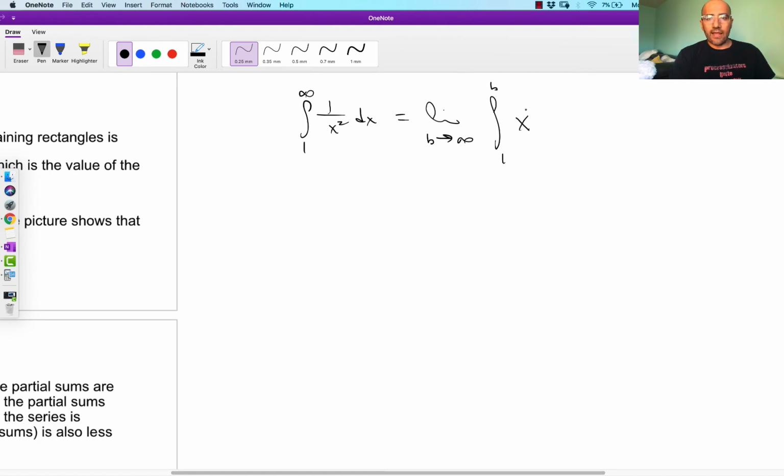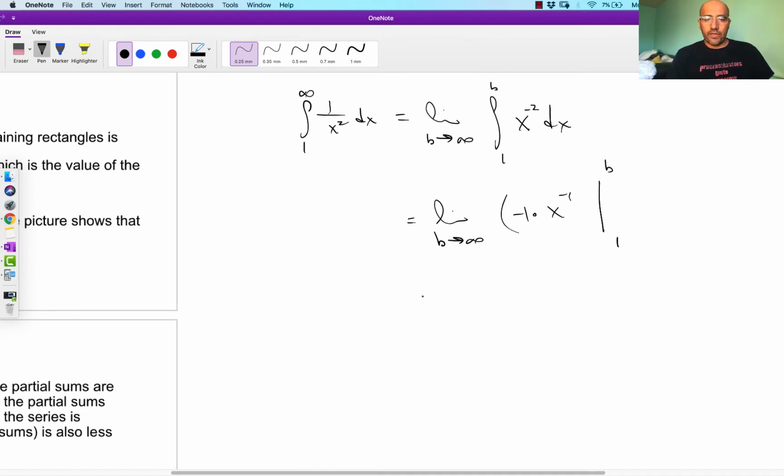Let's just make that x to the negative 2 dx. So that's going to be equal to the limit as b goes to infinity of negative 1 times x to the negative 1 power, evaluated from 1 to b. Guessing and checking, remember that if I find the derivative of this, bring down the negative 1, that makes it positive, minus 1 brings you there.